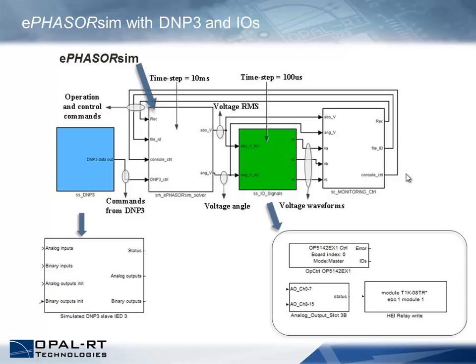And inside this other block here, you have IOs. So I can have ePHASORsim running here, generating data that is given to an IO card. And it goes to the client's own devices, to its own hardware. And the results of the client's own hardware comes back via the DNP3.